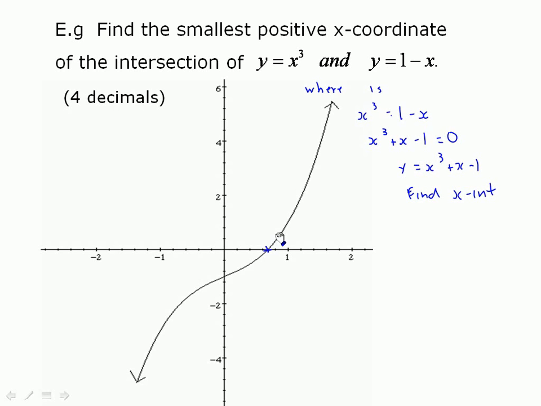Now the one thing with this is that the graph's a little tight around the axis.